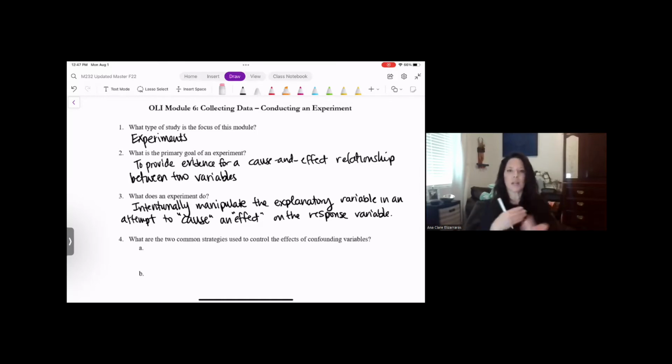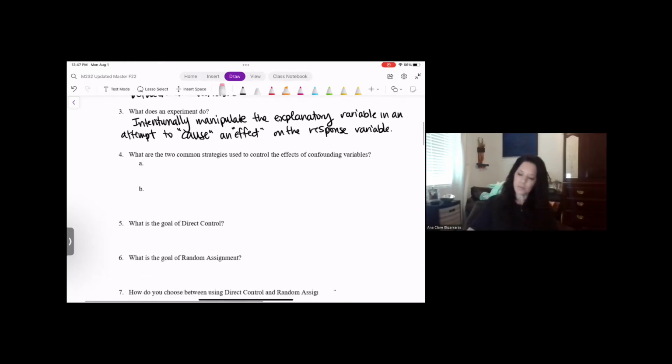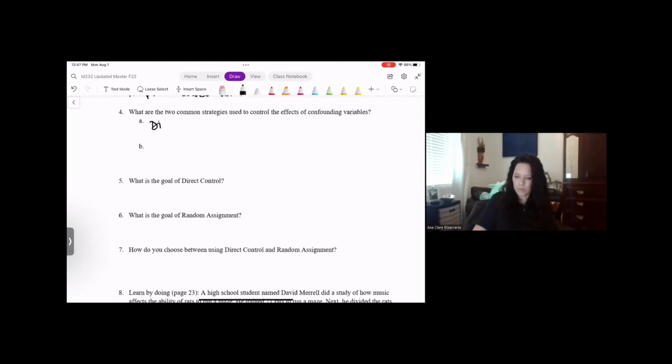Another way is to do random assignment. I randomly assign people to their groups to help try and control confounding variables. Now, remember, the goal of direct control is to stabilize the impact of confounding variables across the treatments, try to level it out and even the playing field.